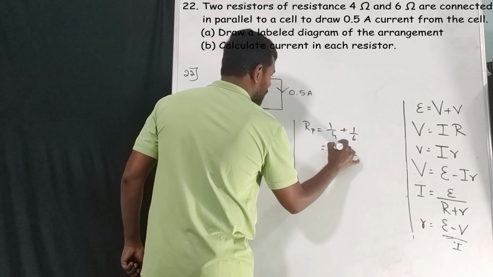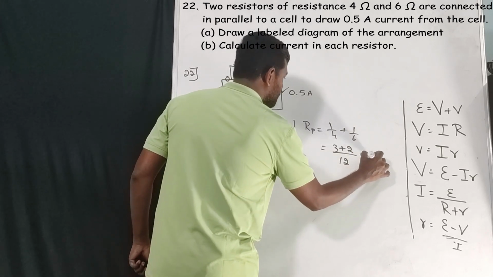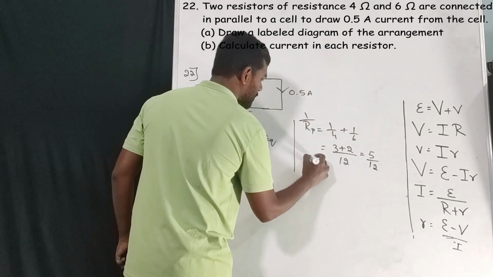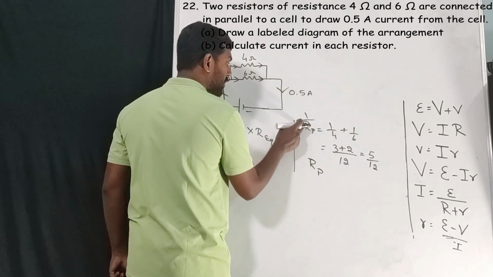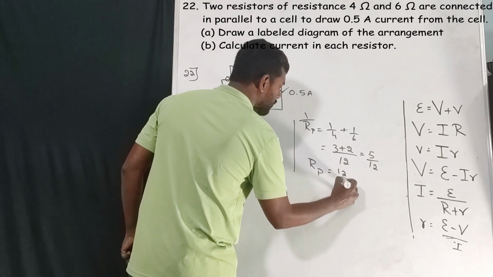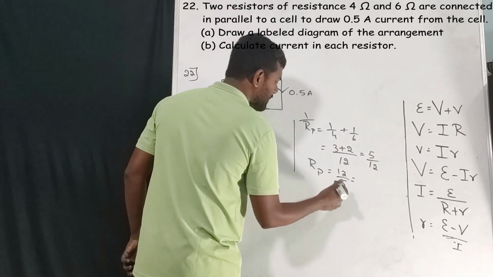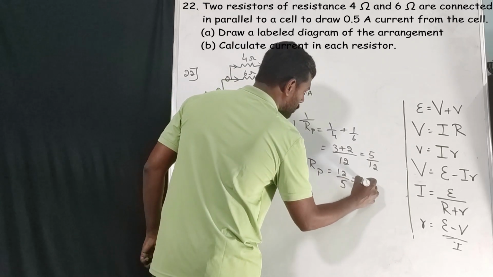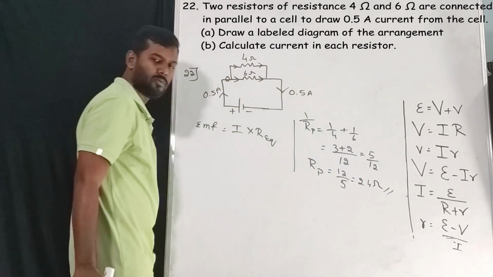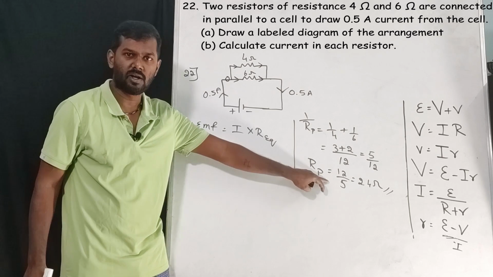LCM will be 12, 3 and 2, so this will be 5 by 12. This is not RP, this is 1 by RP, so we have to take the reciprocal. So this will be 12 by 5, which is nothing but 2.4. What are we finding? Resistance. So 2.4 ohms. We got the value of equivalent resistance.